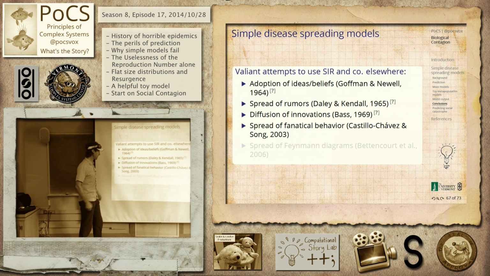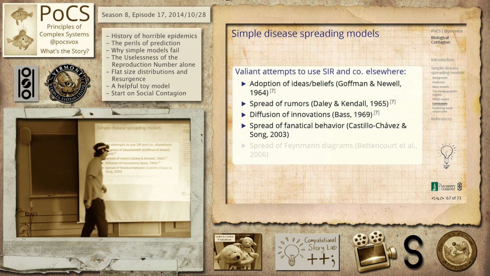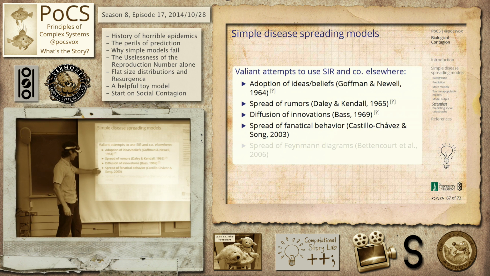Yeah. So here's another one. This is spread of fanatical behavior. It's very much an SIR type model. It has compartments. So not just a normal, nothing-going-on sort of person, but someone who's a little exposed to it. So they go through compartments, and you can see where this emerged from. It was probably funded by the DOD or something.